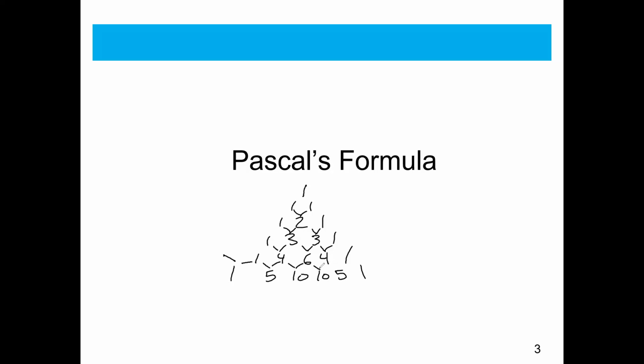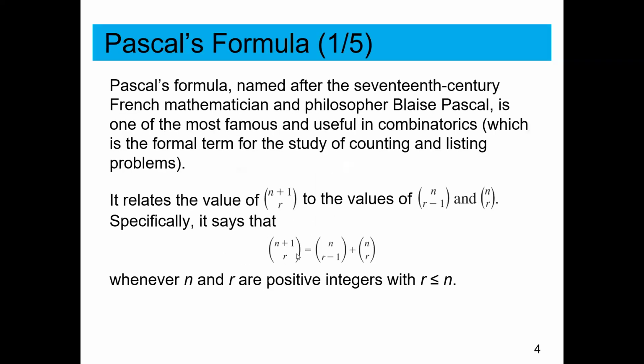Seeing that trend gives us the root to this key formula from Pascal, namely that n choose r is equal to n minus 1 choose r minus 1, plus n minus 1 choose r.